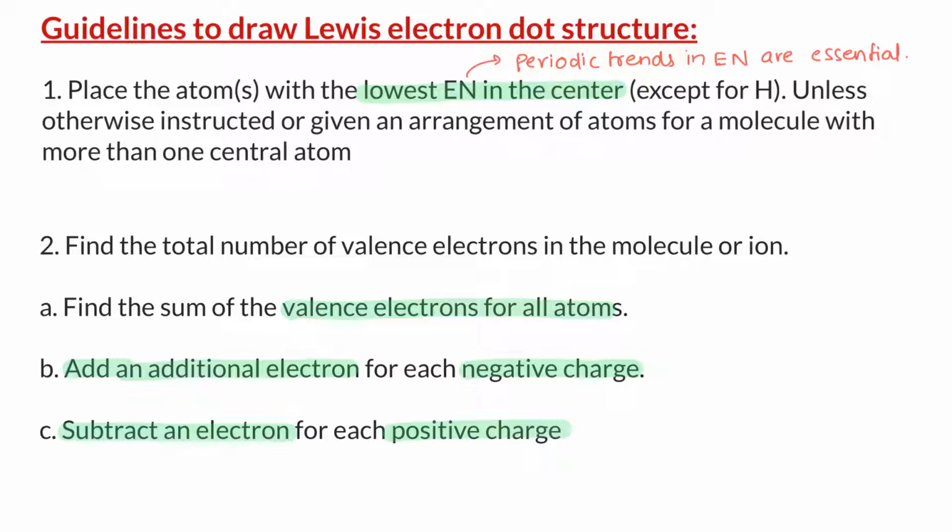We have already learned how to determine the valence electrons in a given atom from its group A number. All we are doing here is finding out the valence electrons in all the atoms of the given molecule or ion and adding them up.